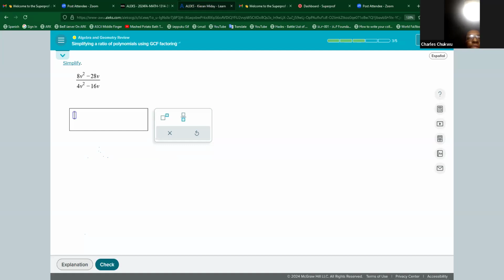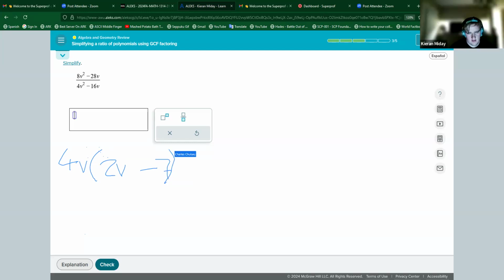Okay, so at the top there, we have 8v squared minus 28. So what's common there? I would have a 4. So that's 4v into 2v minus 7, right? Okay. I'll type that out.